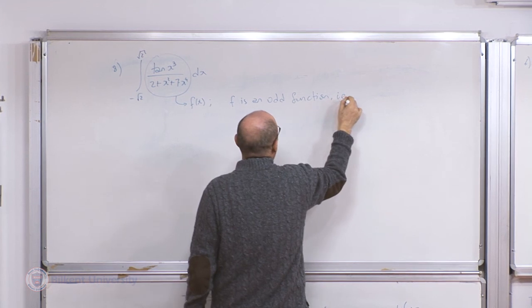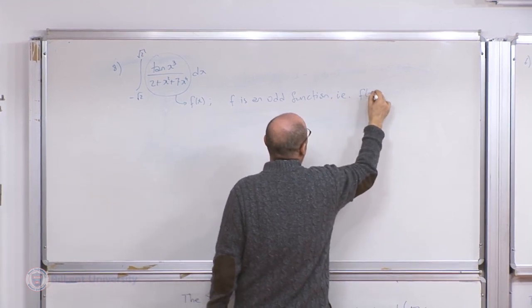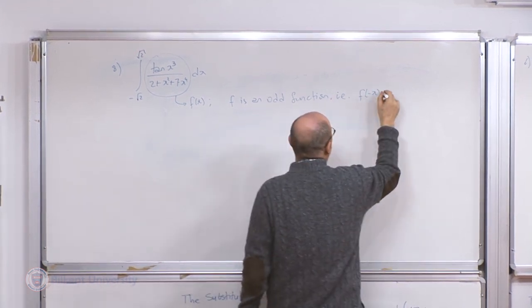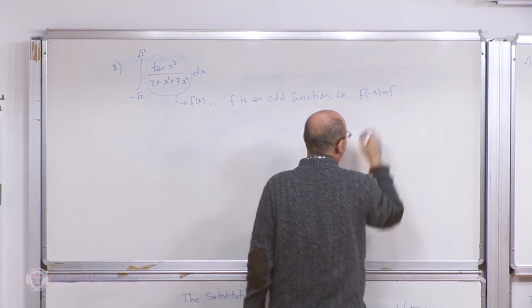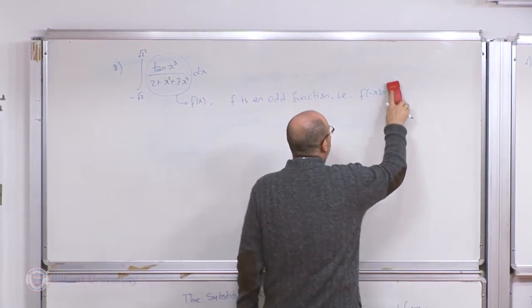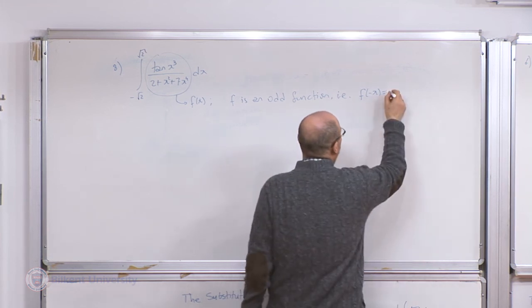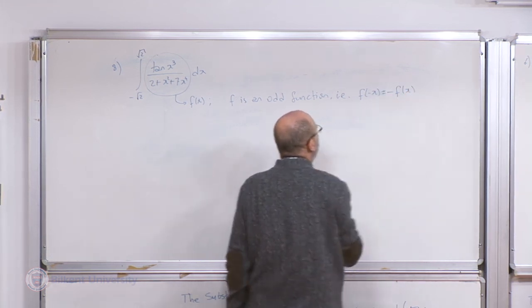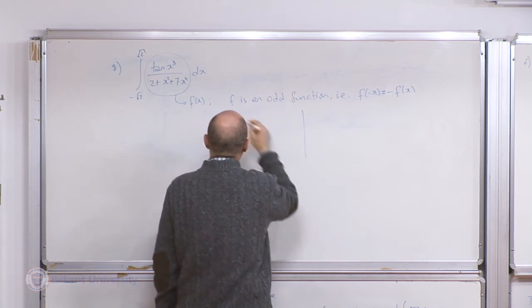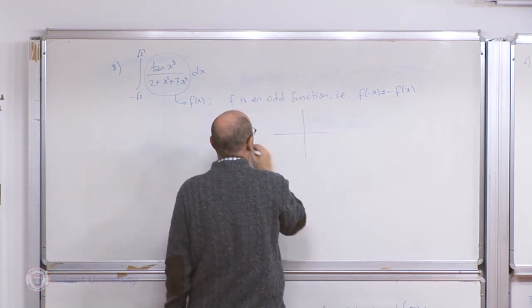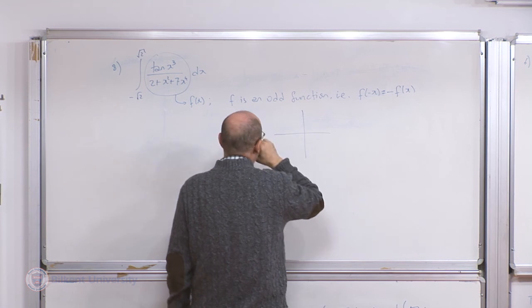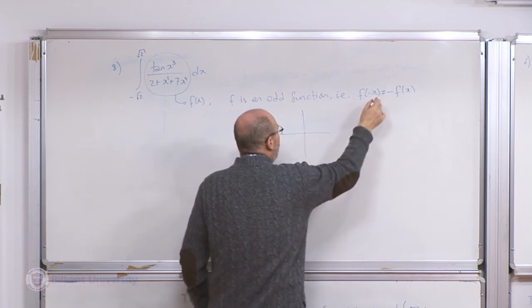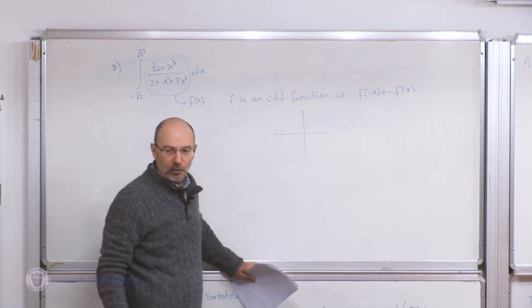The definition of an odd function is that the value at negative x is equal to minus 1 times f of x. So the graph is something like this. I don't know what the graph of this thing looks like, but an odd function always passes through the origin.